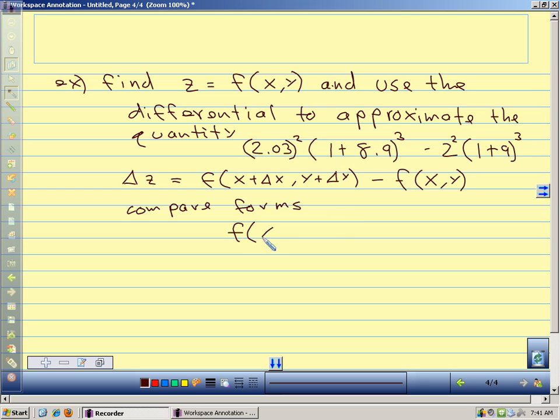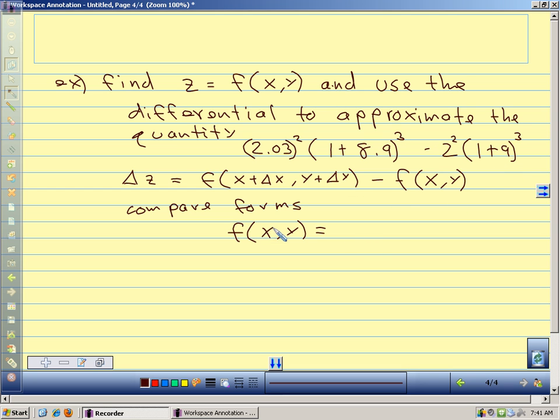F of some xy, I'm just going to say xy, equals, any ideas? Compare this expression to this expression.